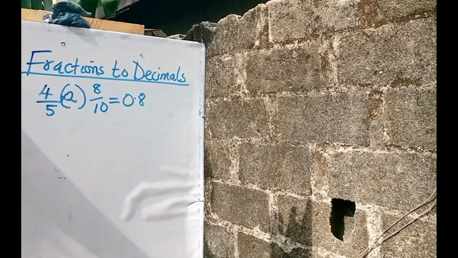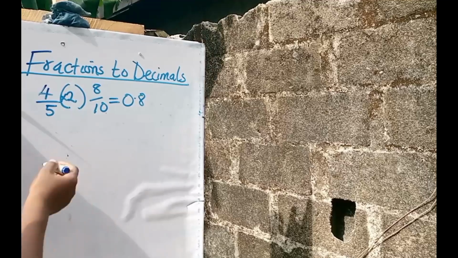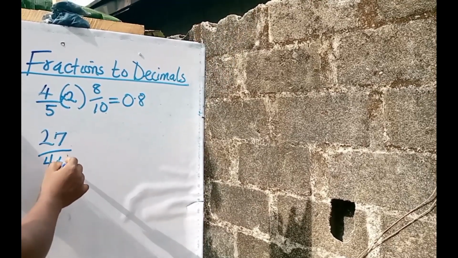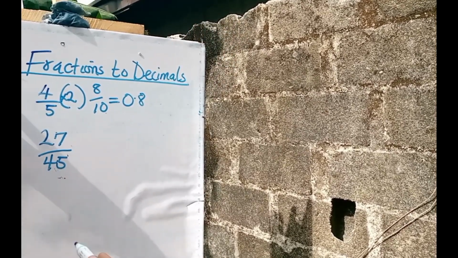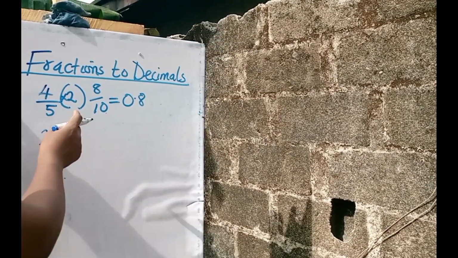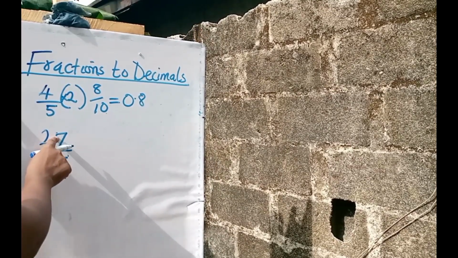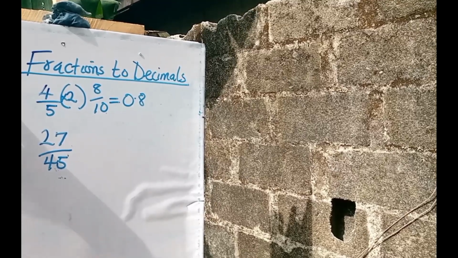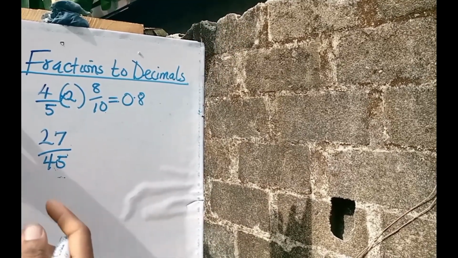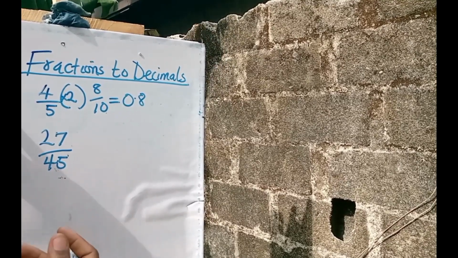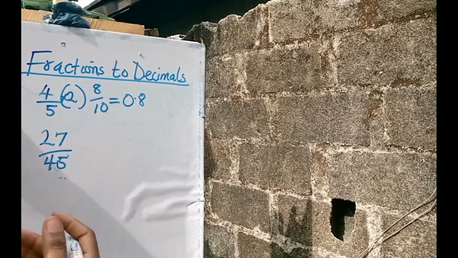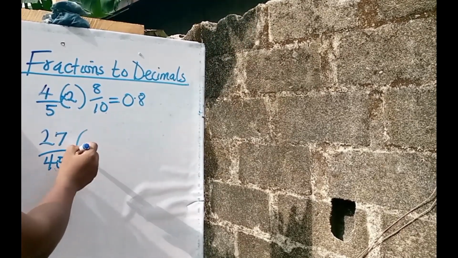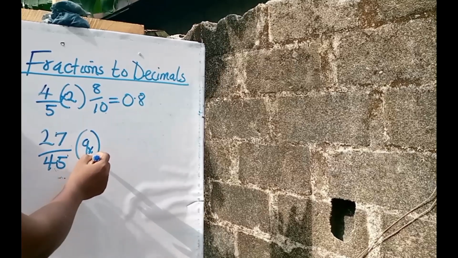But if on the other hand we have something like 27/45, then I will consider the numerator and the denominator. I will ask myself, do they have a common factor? Are they in the same times table? If yes, like in this example, 27 and 45 are in the 9 times table.